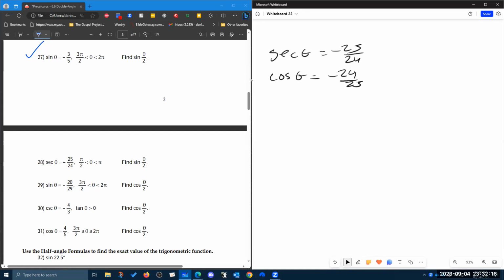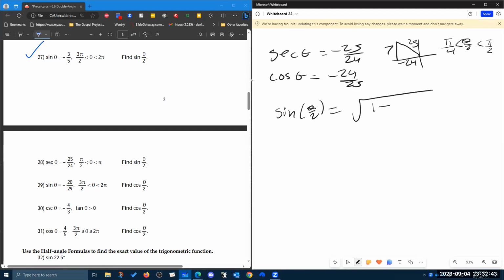Theta is in quadrant 2. 24, 25, 7. That forces theta over 2 into a region of pi over 4 to pi over 2, which is the top half of quadrant 1. So sine of theta over 2 is going to be positive.